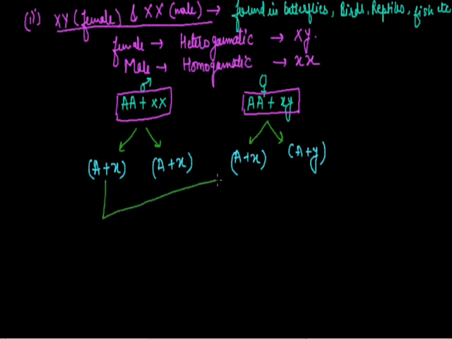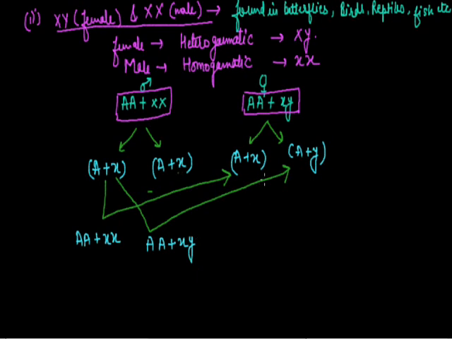Now you can say the sperm of this male can fuse with the ovum of the female that contains the X chromosome, or this can be fused with another ovum that contains a Y chromosome. On the basis of that, the product can be expressed as AA plus XX by the first fusion and AA plus XY by the second fusion.